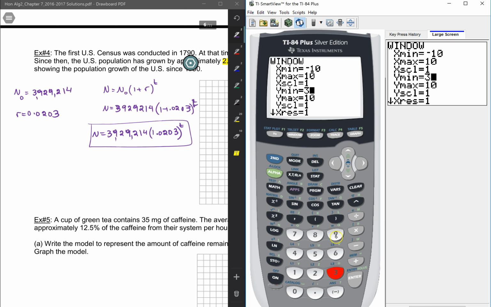Formula would be too much, so a little bit under. So 3,900,000. And where should we go? Y min is just the lowest number that your graph is going to go to. And yeah, we're going to make the x bigger in a little bit.